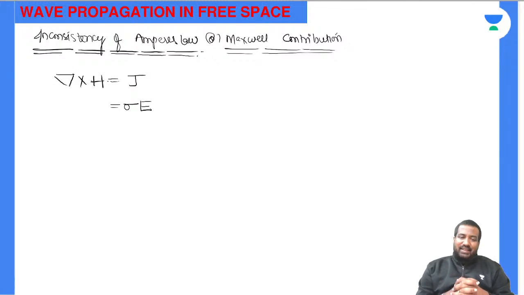So naturally, no one will understand. That was the greatness of Maxwell actually. His thesis was rejected. No one understood what he actually wanted to say.